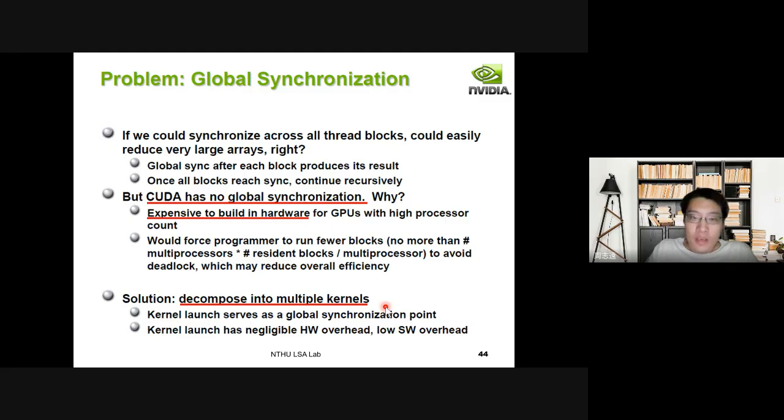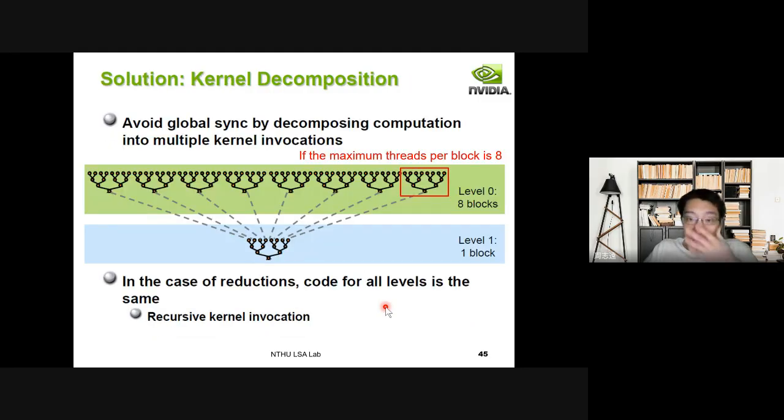All right. So exactly how can we adapt that concept to solve our problem here? You can see this is a solution. We have many numbers, and we can only assign the maximum number of threads per block.